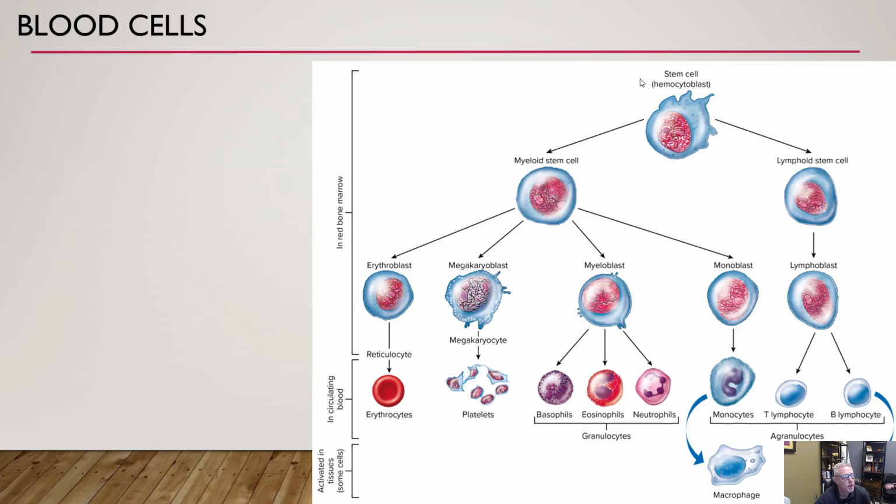You will have to know this order: the hemocytoblast is going to go to the myeloid stem cell, through the erythroblast, through the reticulocyte, through the erythrocyte. You will have to know that these granulocytes, basophils, eosinophils, and neutrophils, descend from this cell called a myeloblast.